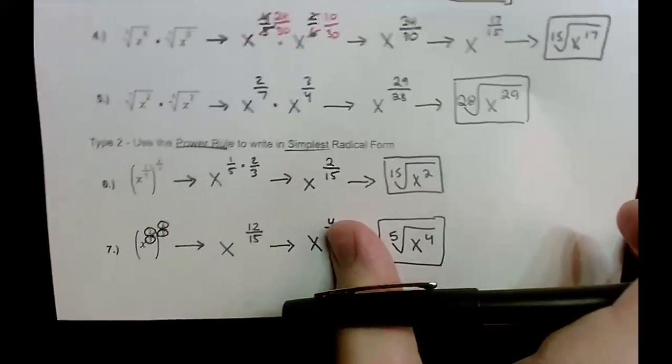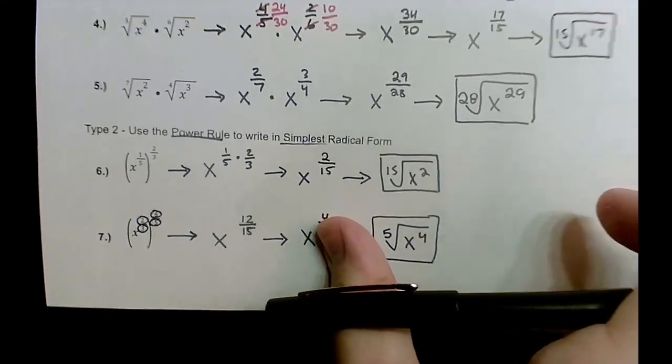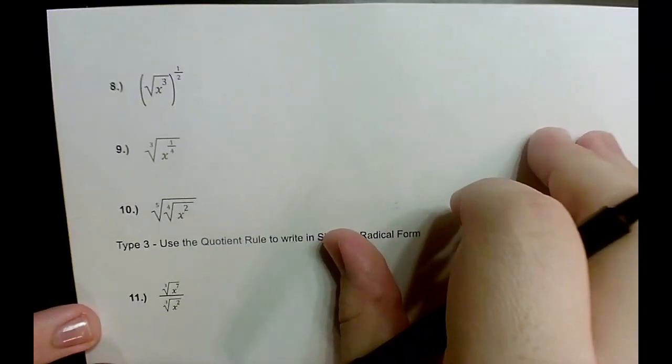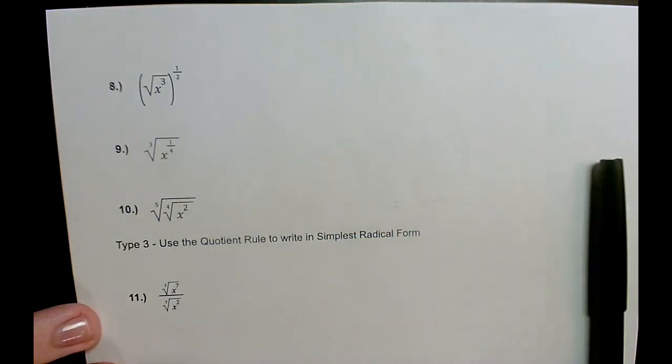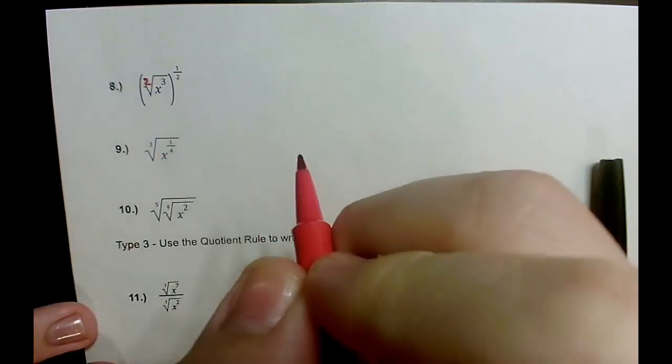Now, the nice thing about 6 and 7 is that we already had them in fraction exponent form. On the back, 8, 9, and 10 have not been quite so generous. So what I need to do first is I've got the square root of x cubed raised to the 1/2 power.